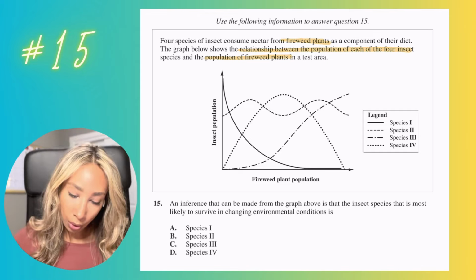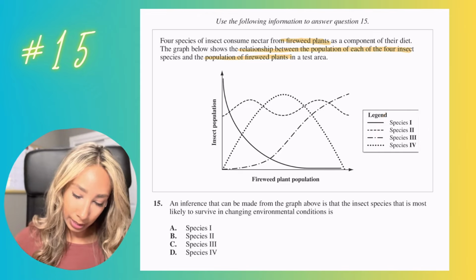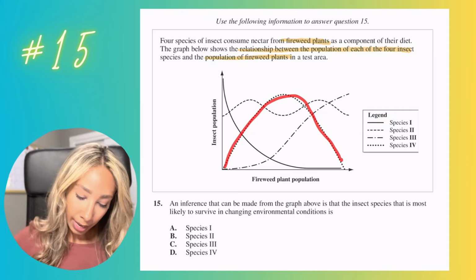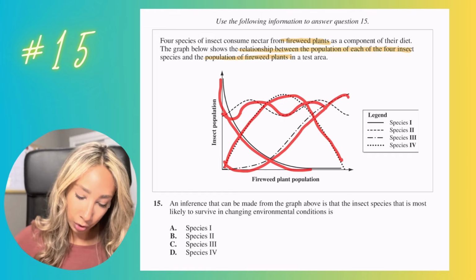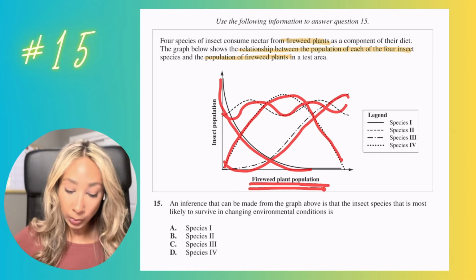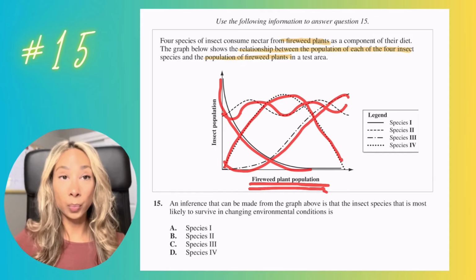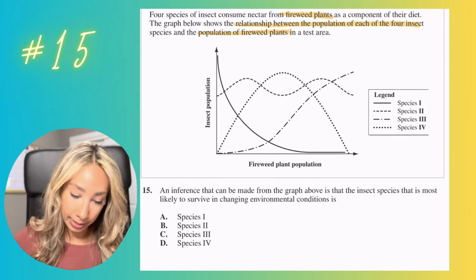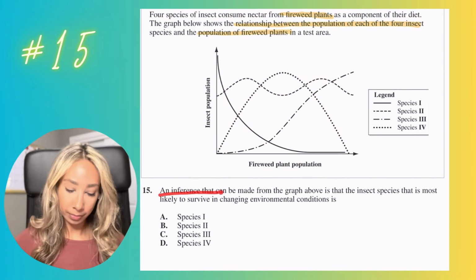We've got our species listed here, and there's a key or a legend, and we can see that each species has a unique trend as we look at the fireweed plant population. All right, let's keep that in mind for our question.